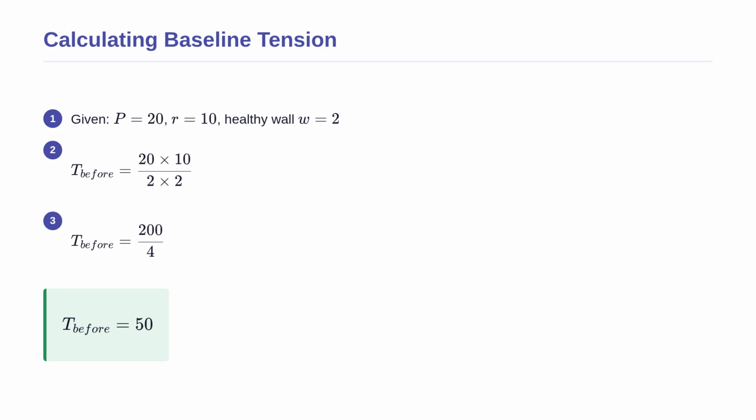We substitute these into Laplace's equation. The numerator becomes 200, representing the total outward force. The denominator becomes 4. Dividing 200 by 4 gives a final answer of 50 units of tension. This is a stable, manageable stress, so the follicle remains completely intact.